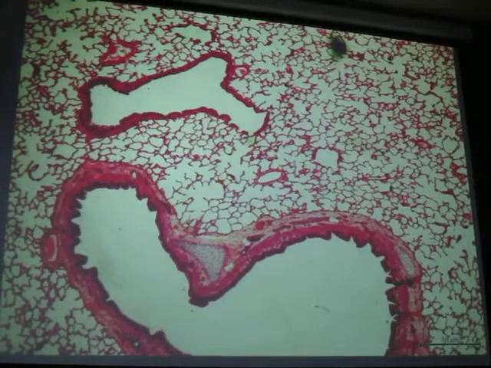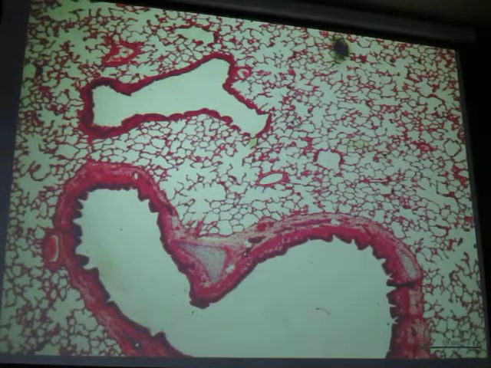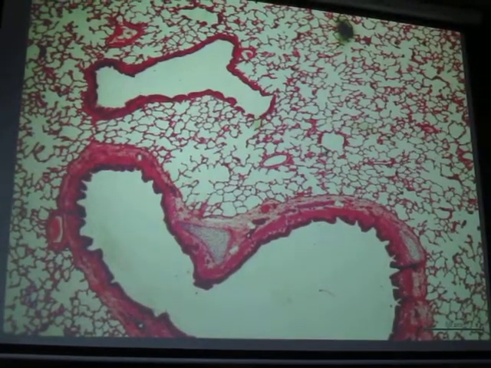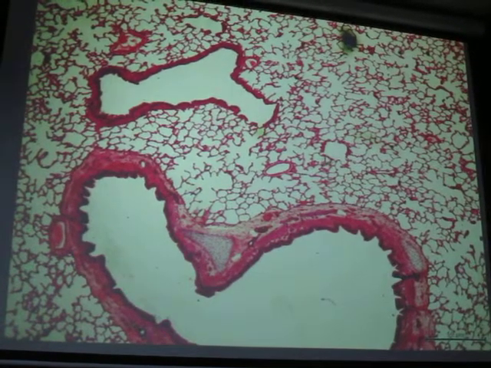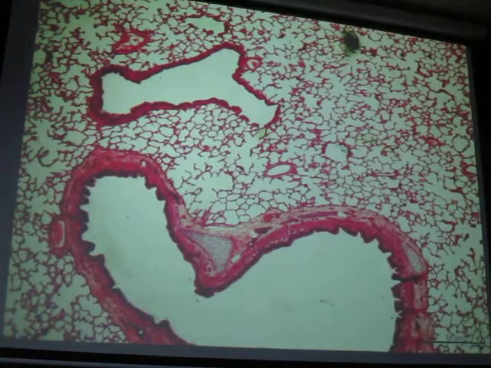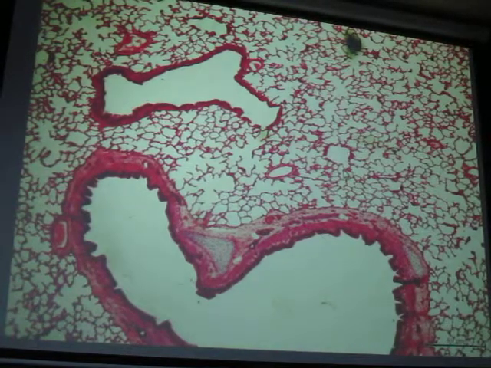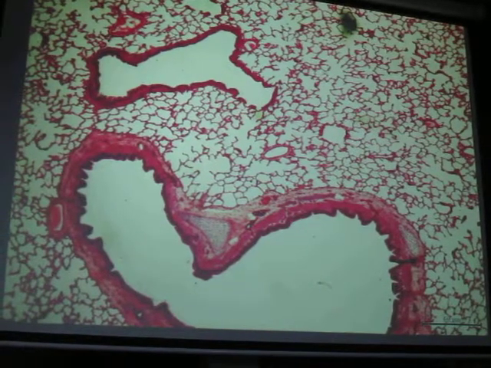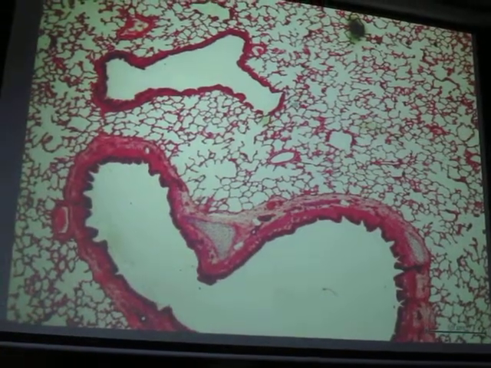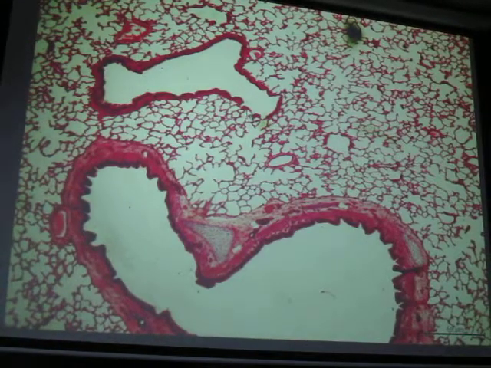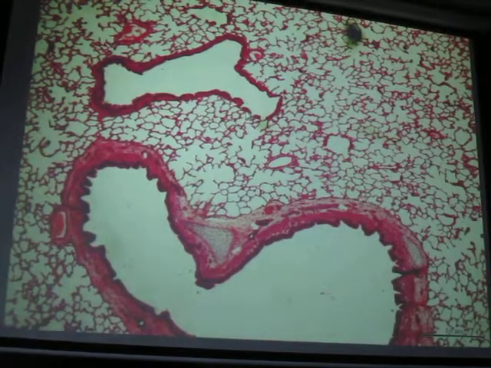You have openings into alveoli, so the wall is discontinuous. There. And this is the start of the respiratory portion of your respiratory tract. Okay, this is also considered as a respiratory bronchiole because of these openings.